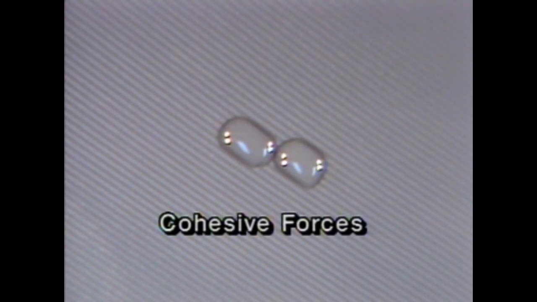The way molecules fit together is referred to as molecular structure. Molecular structure is influenced by temperature and pressure, which help determine whether a substance is a solid, liquid, or gas. Molecular structure is also influenced by cohesive forces that exist between molecules. Cohesive forces attract like molecules.